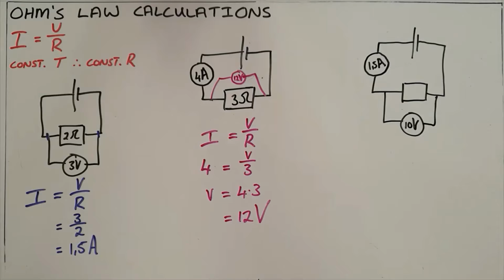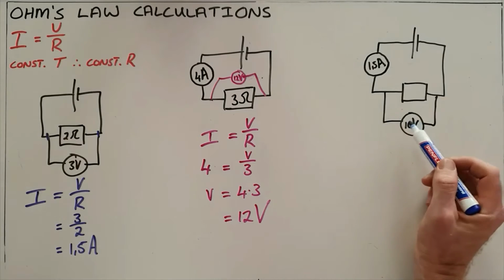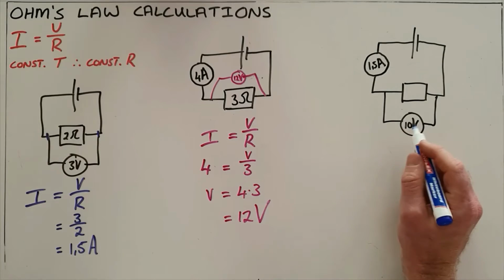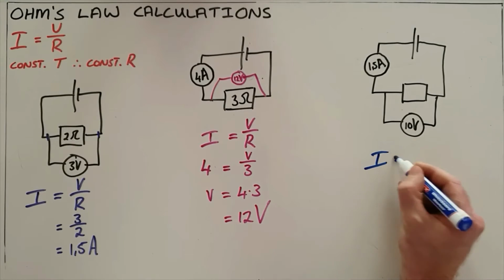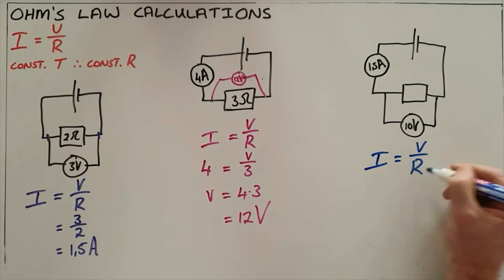Finally, we can use Ohm's law once again to find an unknown resistance, because once again we know that Ohm's law applies here.